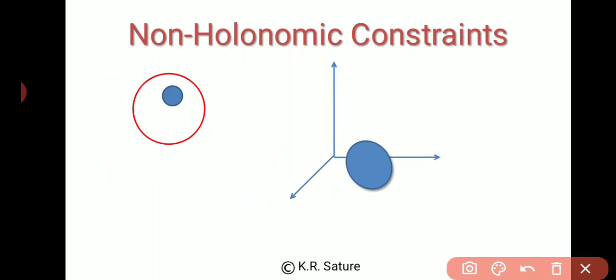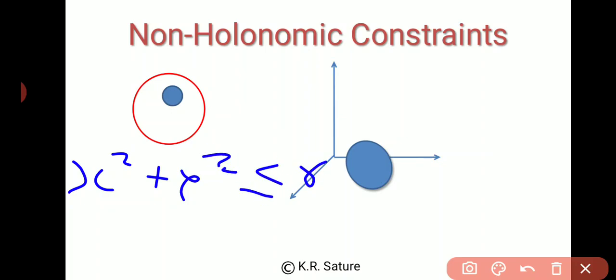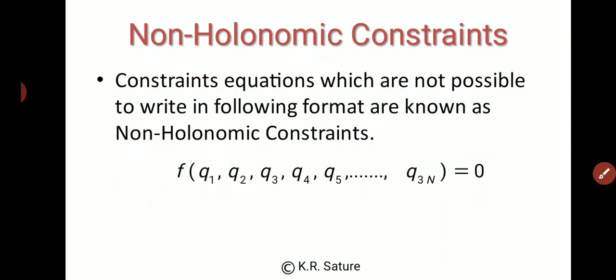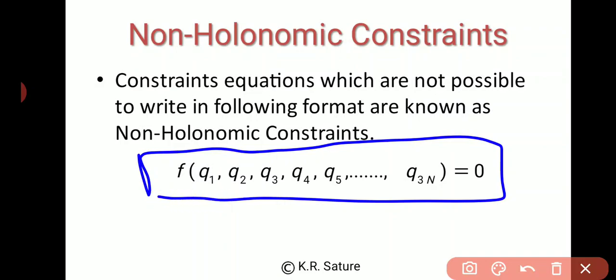Now what happens? If we rearrange, we will find that x square plus y square is smaller or equal to r square. Here we cannot write it in the form of some function equals to 0 because here we have a less than or equal to sign, and that's why, as we described in our definition, if we are unable to write a function in this form, then that is a non-holonomic constraint.